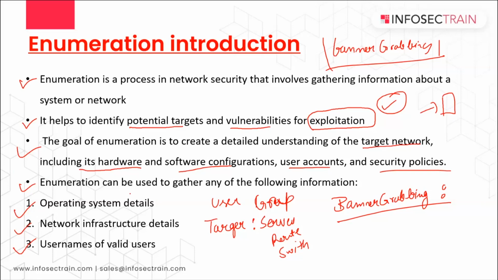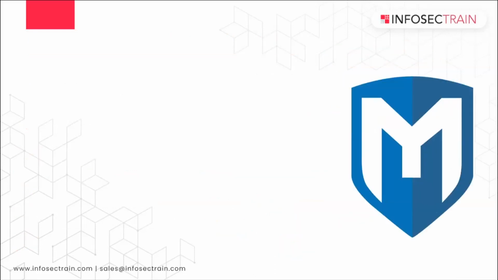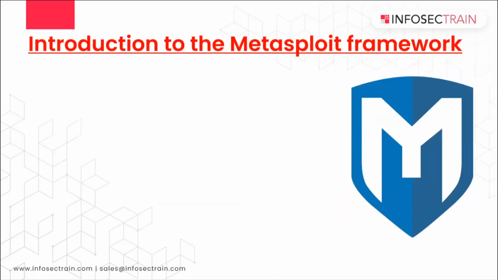And many other tools are there for each service. If you want to enumerate, there are going to be different tools as well. Now to do the complete enumeration from one place, the Metasploit framework can help you with the same thing.